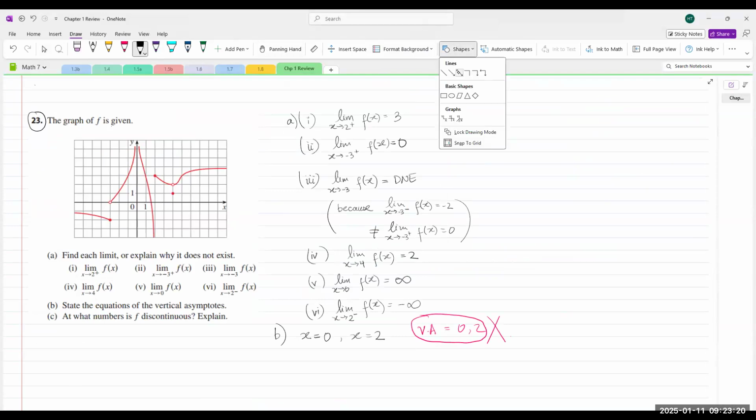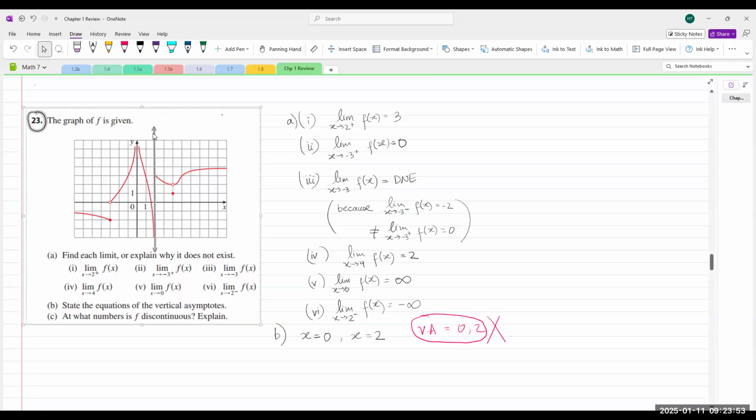Suppose the limit as x approaches 2 from the right-hand side. This is x equals 2. When you approach the graph from the right-hand side, what is the value of the function? Okay, that's the first part. The second part, as x approaches negative 3.